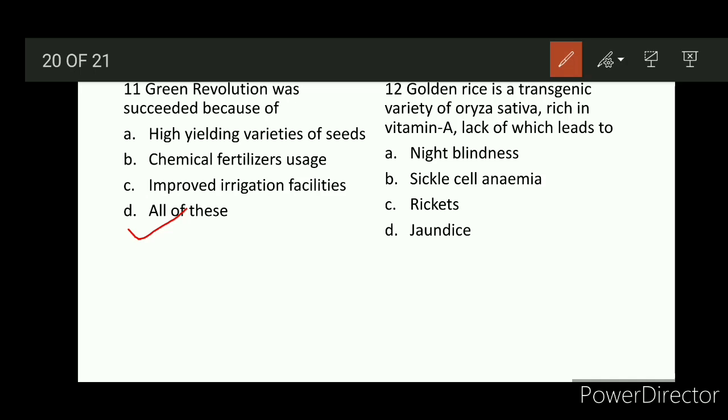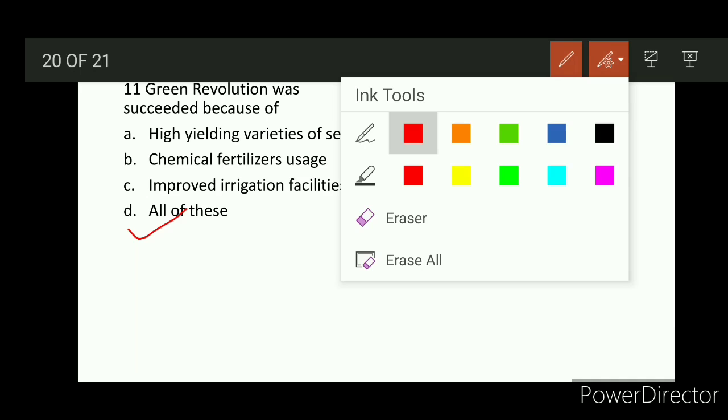So option A, night blindness, option B, sickle cell anemia, option C, rickets, option D, jaundice. For question number 12, the right answer is option A, night blindness. The deficiency of vitamin A leads to night blindness.